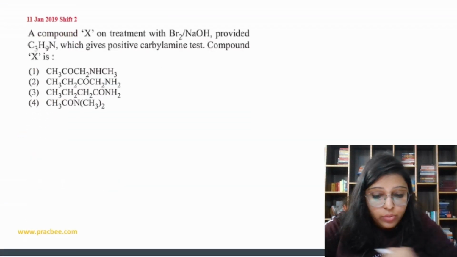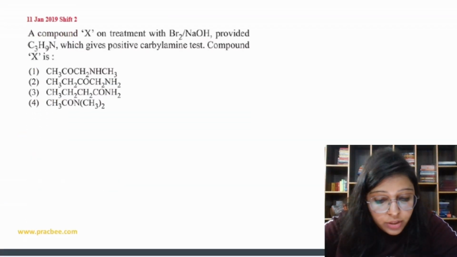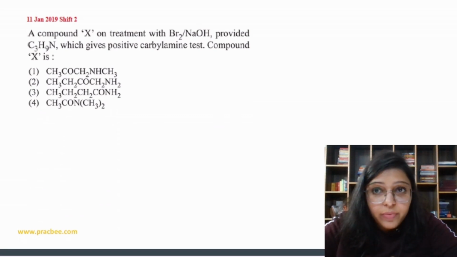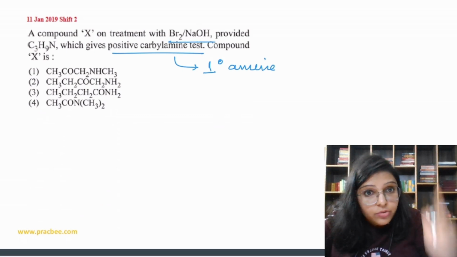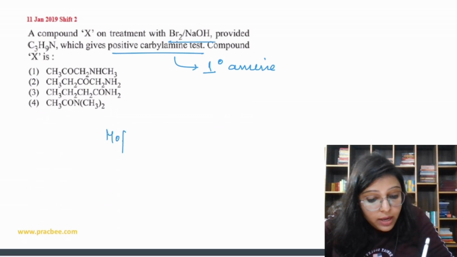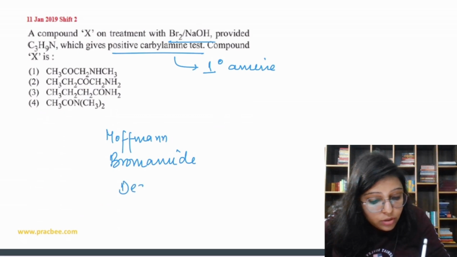Now, next question. A compound X on treatment with Br2/NaOH provided C3H9N, which gives a positive carbylamine test. A positive carbylamine test means 1 degree amine. And if we get a 1 degree amine from Br2/NaOH, this is the reagent for Hoffmann bromamide degradation.